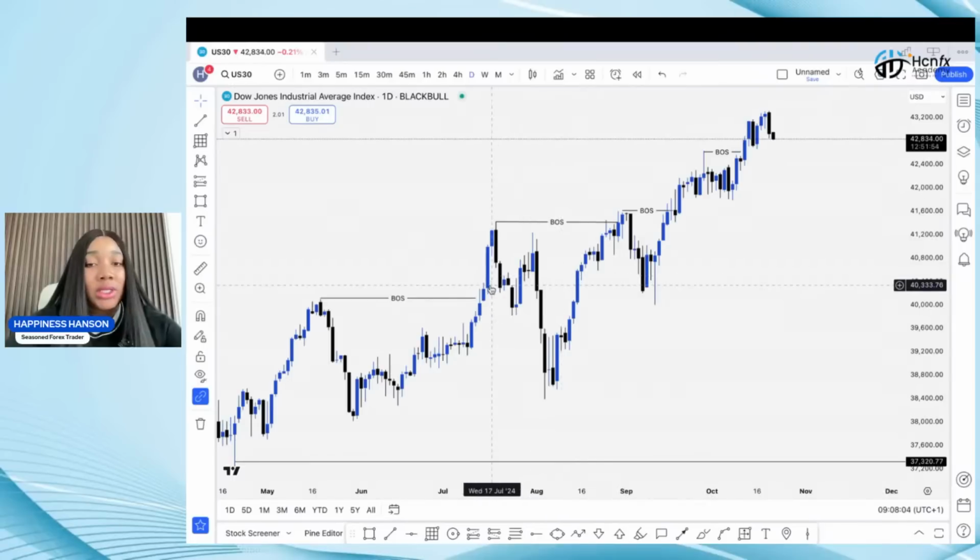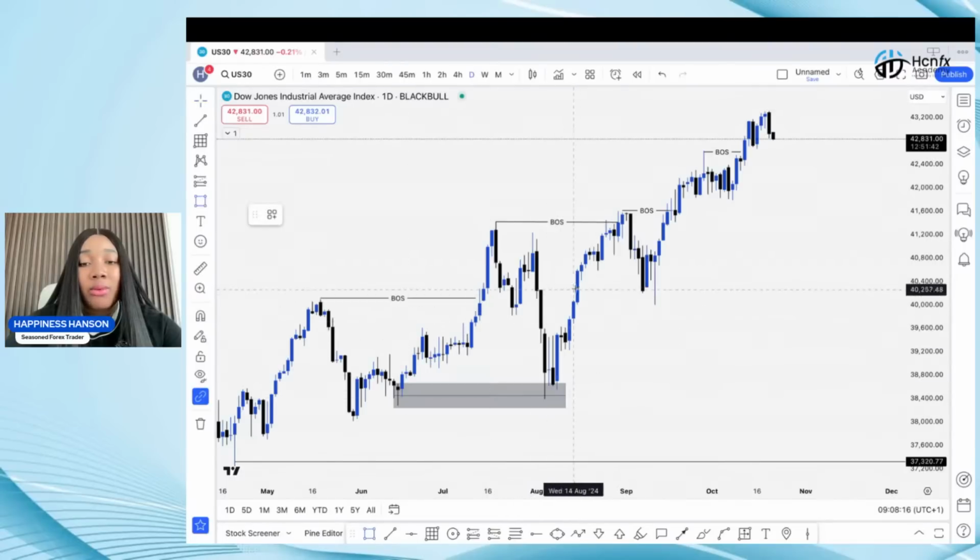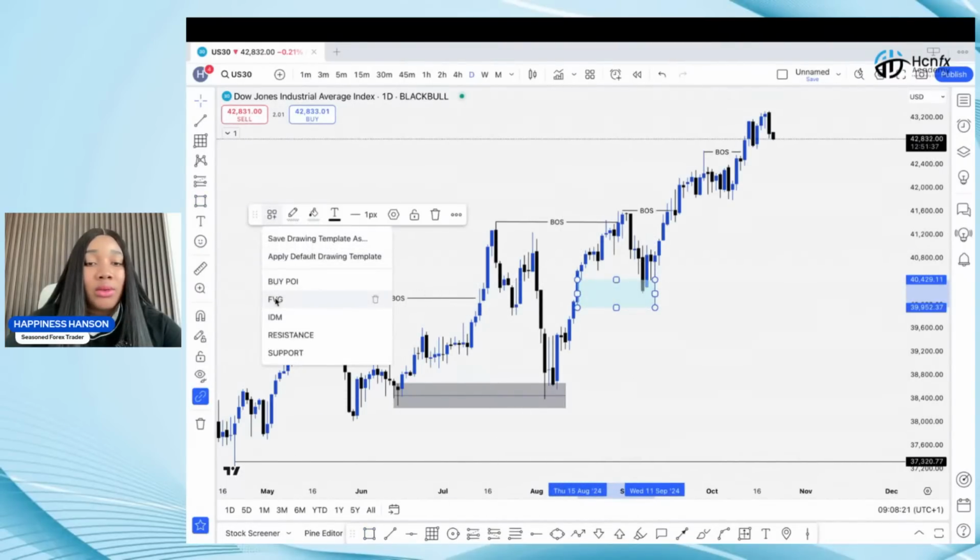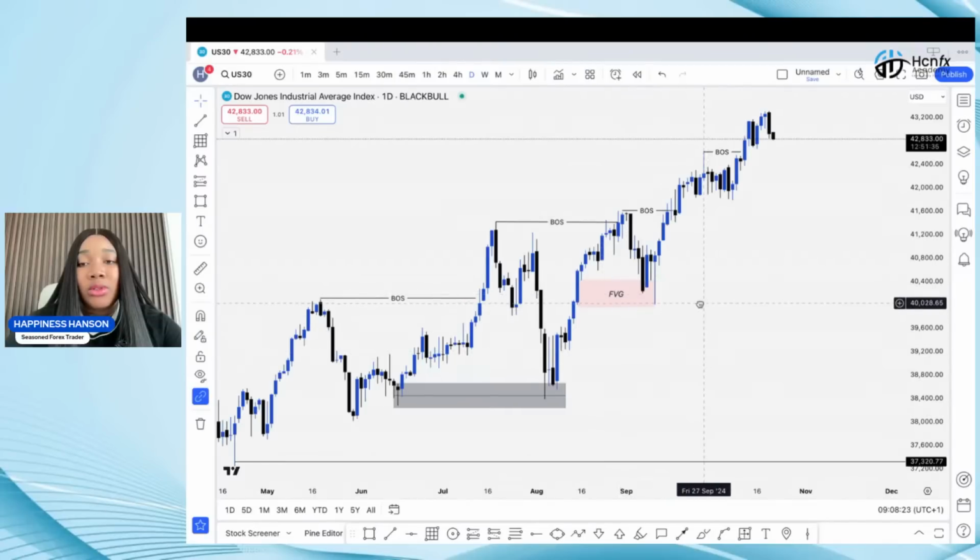Looking at how the market is breaking structure to the upside, like I stated, it is indicating that we are bullish. Now, looking at this particular break of structure, you can see price tapped into the origin, dished out another break of structure. Here, price tapped into an imbalance, FVG. Price tapped into an imbalance.